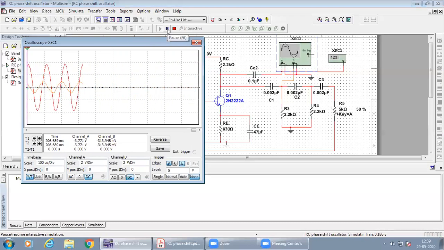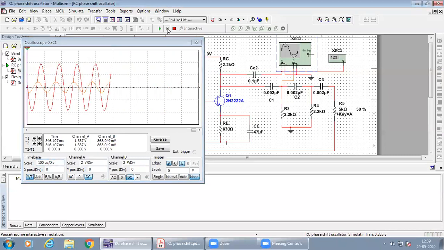I'll just pause the simulation. What is connected to channel A is nothing but the output of my coupling capacitor CC2.